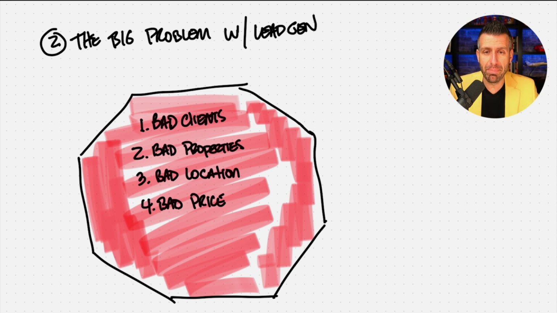But here's the big problem with most lead generation strategies. It doesn't matter if you're doing some type of social media advertising or marketing or any type of inbound lead generation. Let's say, for example, you're posting on Instagram 3 times per day and trying to drive inbound leads.